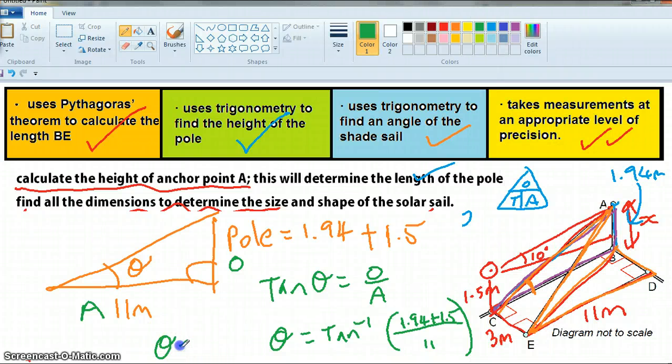So theta equals 17.4 degrees. Now, given that that was 10 degrees, I think that seems reasonable enough. Okay, so that's as much as you would need to do to actually pass.